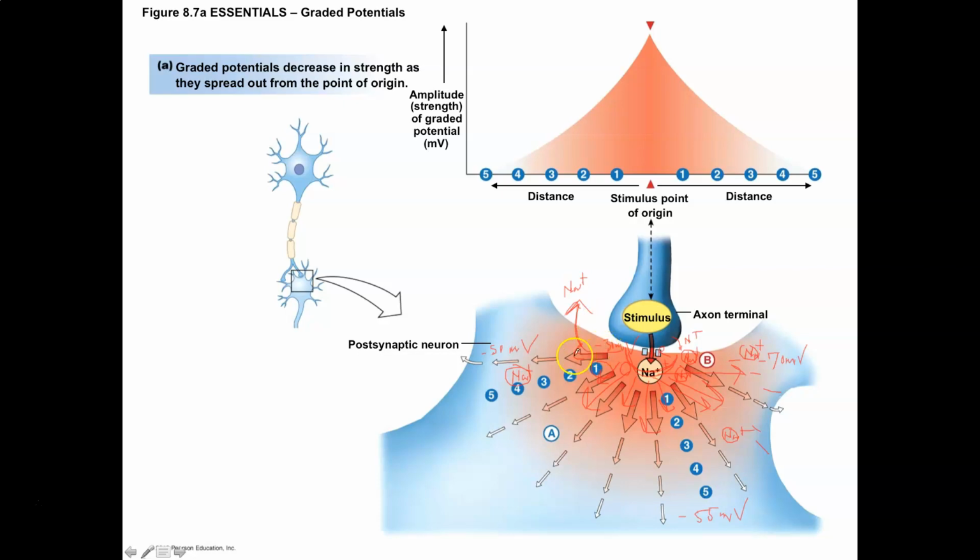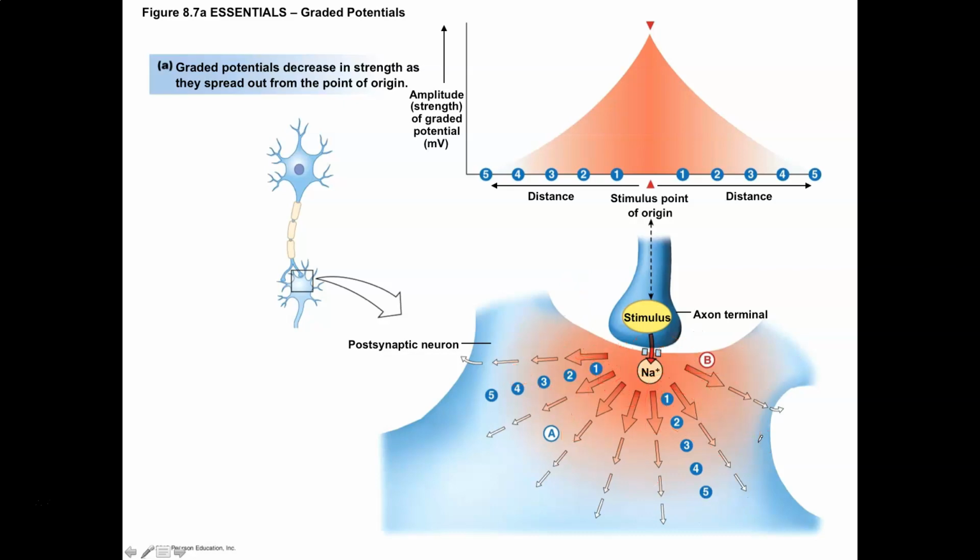And then, of course, the cytoplasmic resistance and the diffusion of the ions through the cytoplasm is going to be difficult depending upon how many things it has to get through. And so you're not going to get as many ions spreading throughout all of the cytoplasm. And so you're going to get weaker with distance.